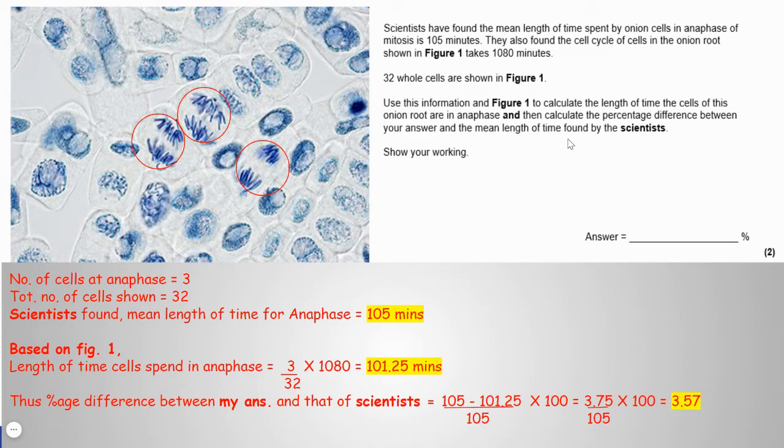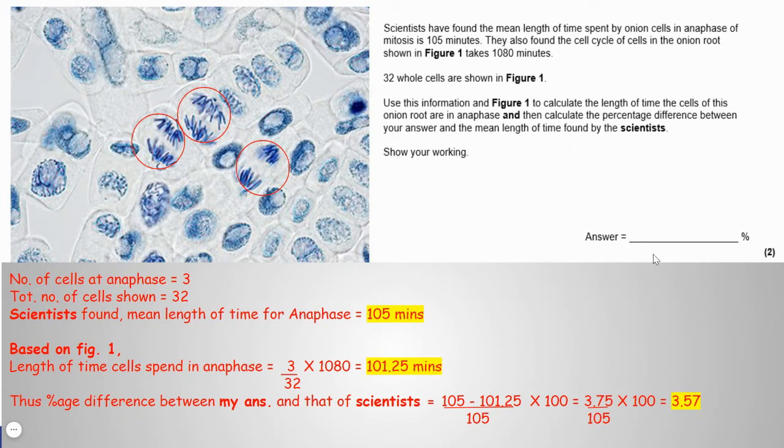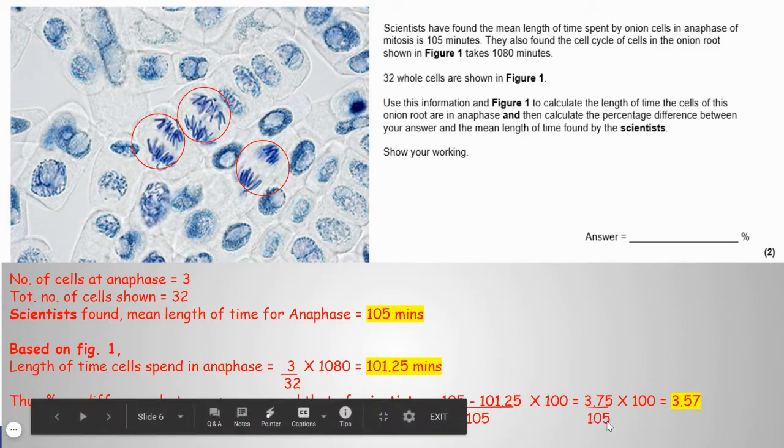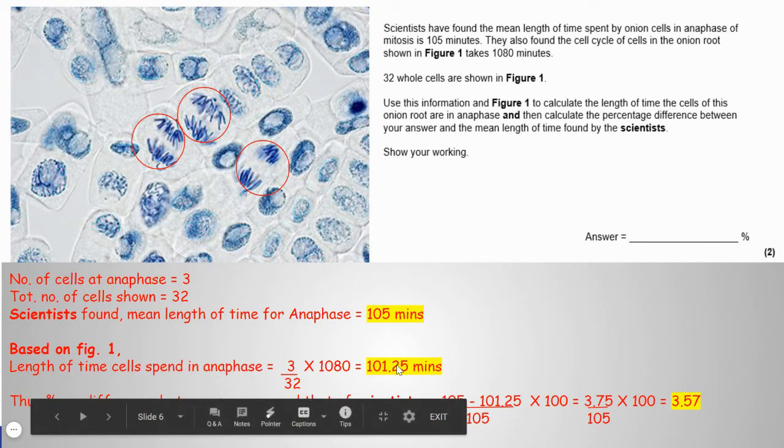So 105 minus 101.25 divided by the original value that was found by the scientist, that is 105, into 100. That will give me 3.75 by 105, and I want to convert that into percent, so the whole fraction into 100, that gives me 3.5. This is my percentage difference. So I write this answer in the dash given, and my answer should be in percentage. If I calculate this correctly, I get 2 marks.